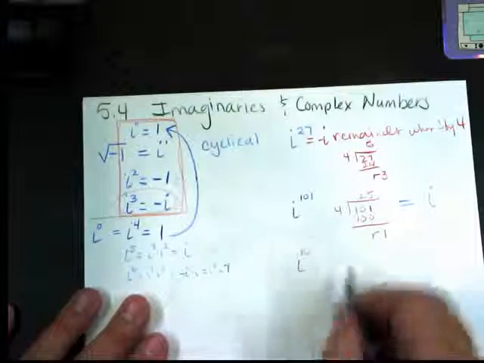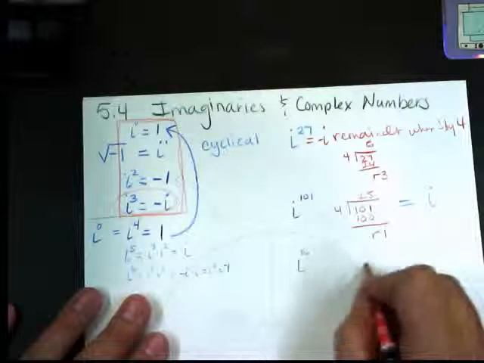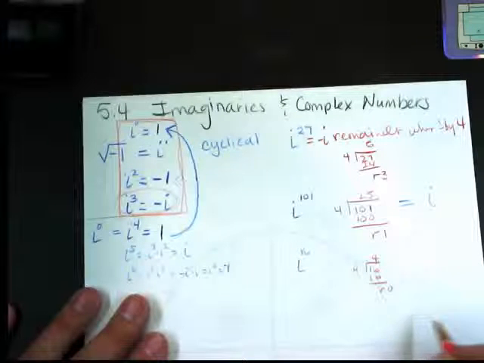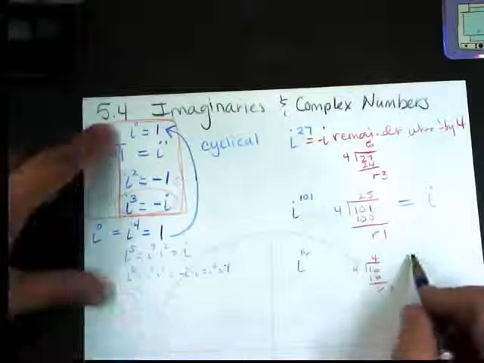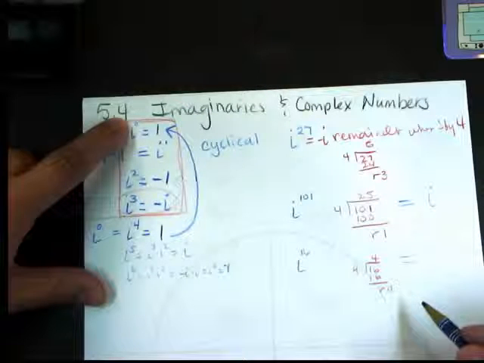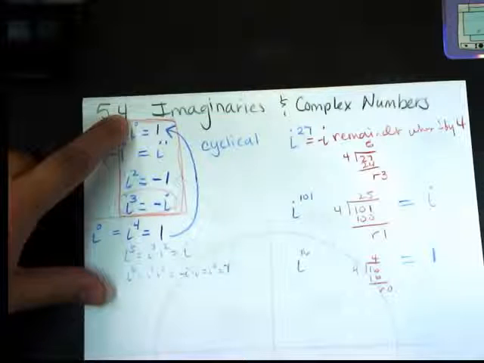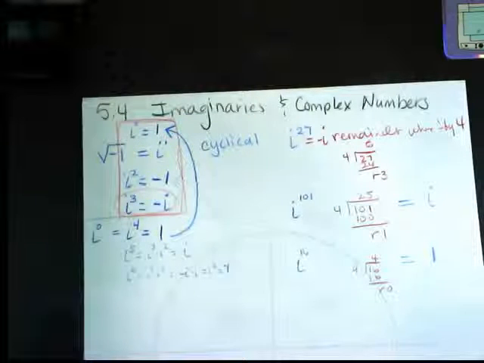i^16. Well, 4 goes into 16, 4 times, with the remainder of 0. So the remainder 0 is the exponent. i^0 gives me 1. It is always cyclical. You're either 1, you're either i, negative 1, or negative i.